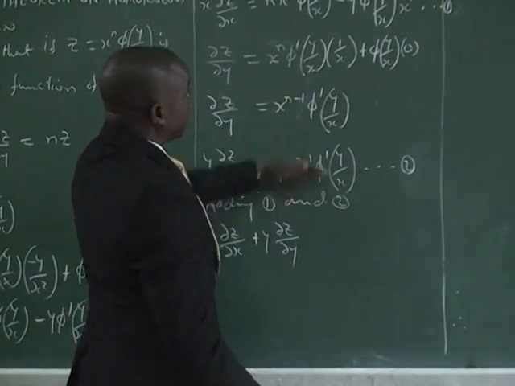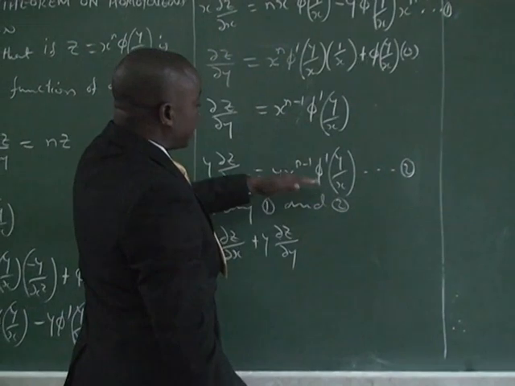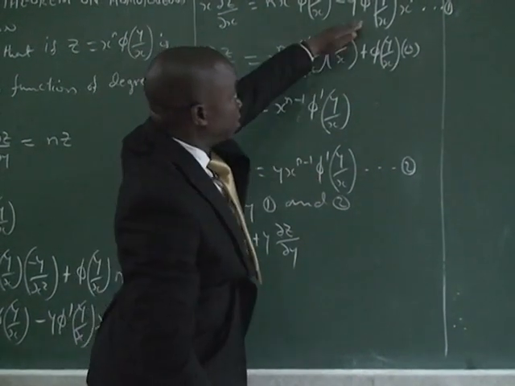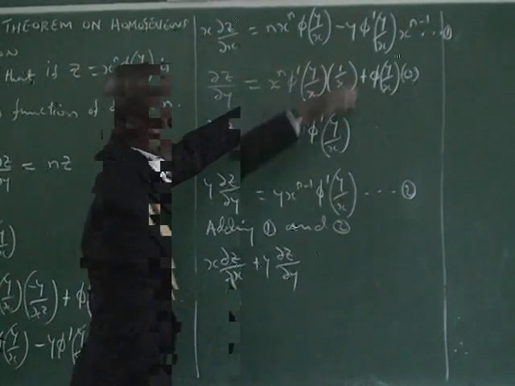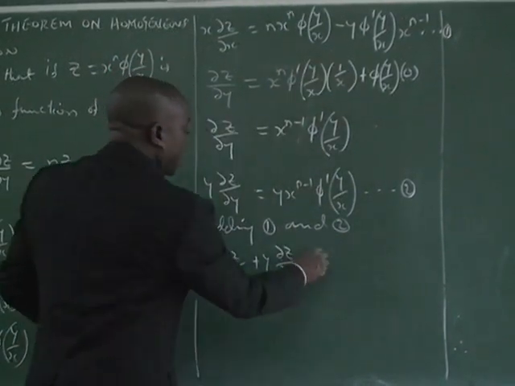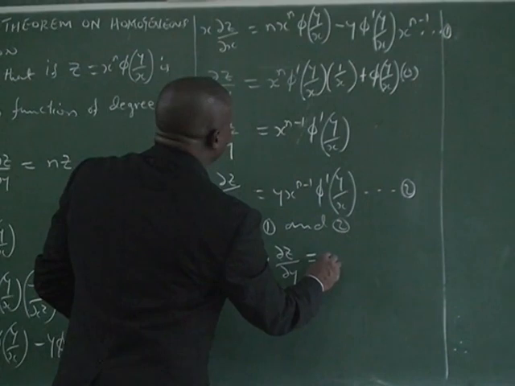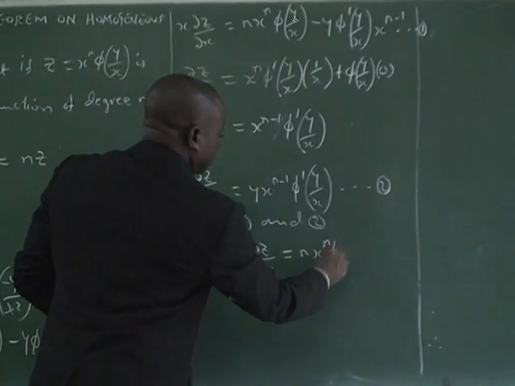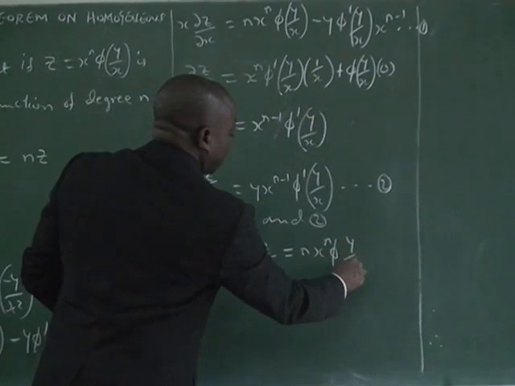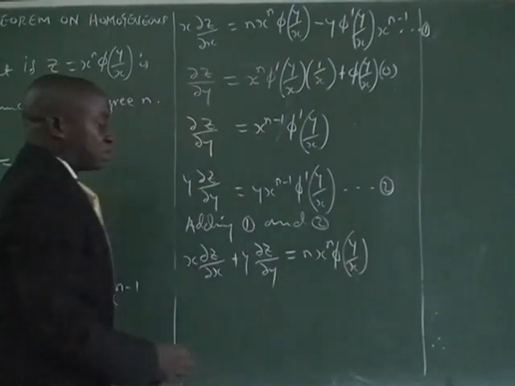I'm going to add this side too. Of course, if I add this particular term with this term, this particular term is almost good. So what I have here is n x raised to n phi of y over x.